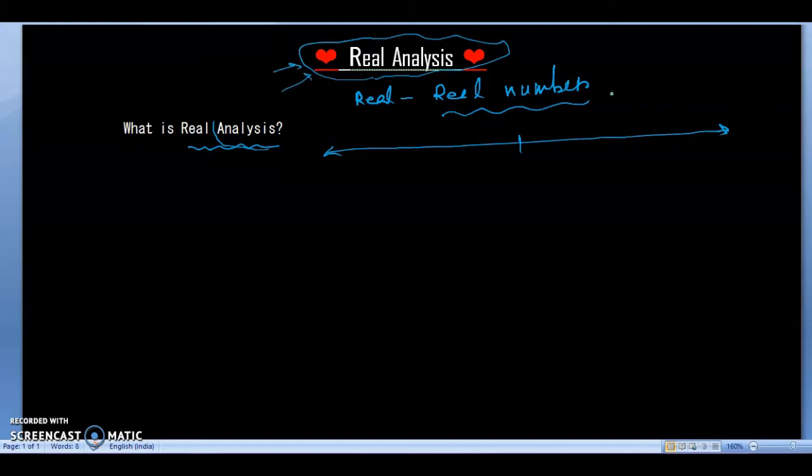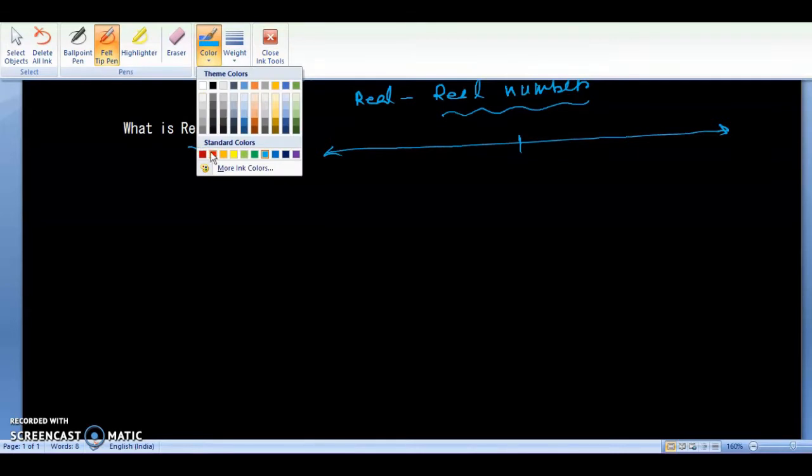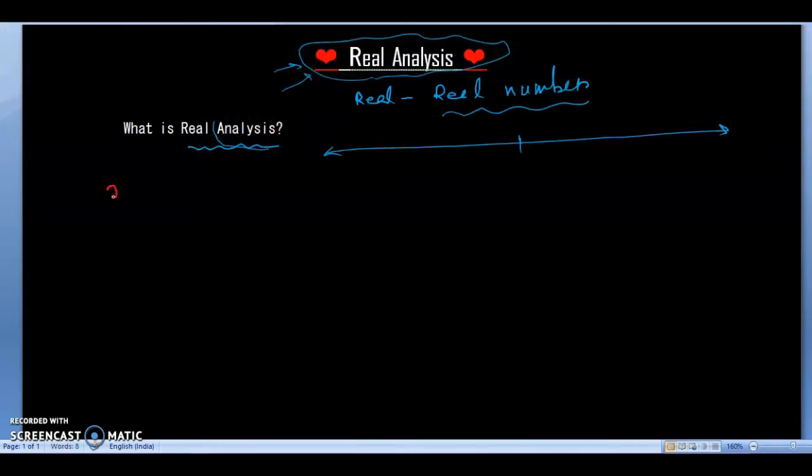So let's give an example of a beautiful property of real numbers. There is a very fantastic property, the order relation. What is the property?